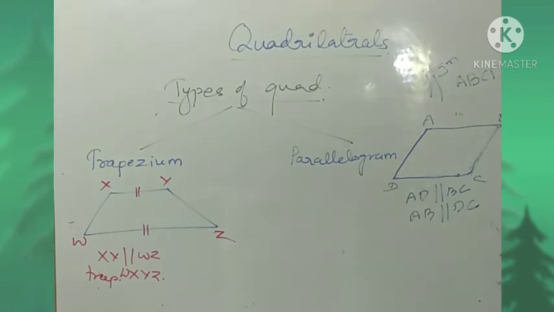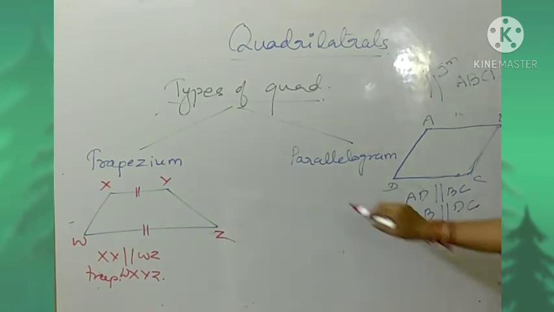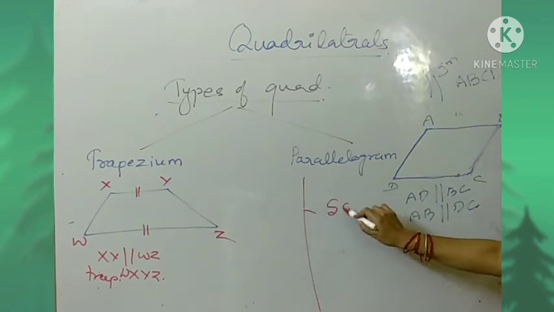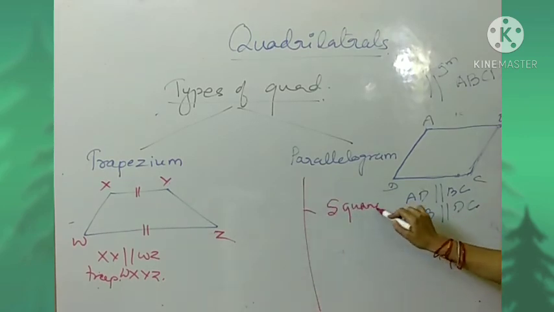If one pair is parallel, then it will be called a trapezium. If both the sides are parallel, then we will call it a parallelogram. Now we are having different types of parallelogram. First type is a square. Now what is a square?